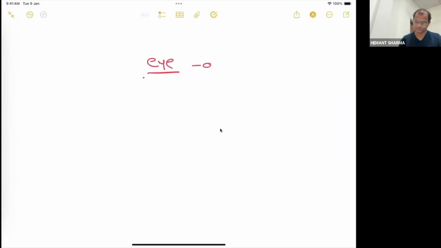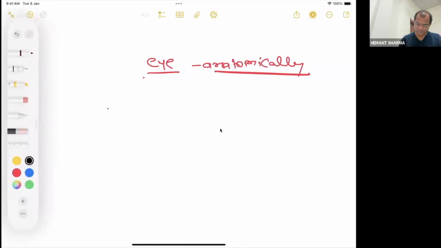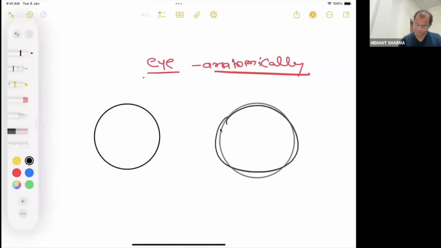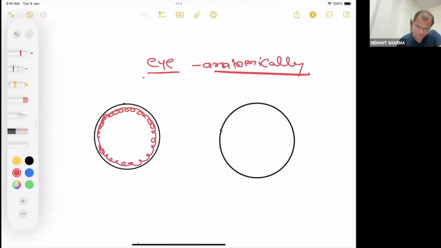Anatomically, three parts. The eyes are like a ball, a rounded ball. Okay. So there are three layers: the outermost layer, then the middle layer, then the innermost layer.